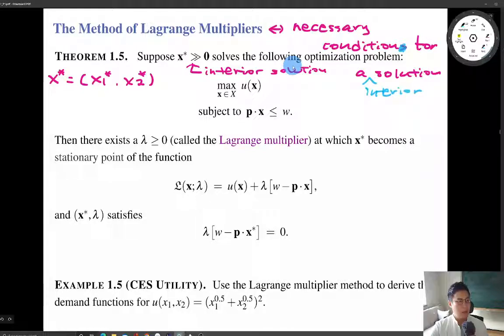Then the following must be satisfied: there exists a lambda, non-negative, usually named the Lagrange multiplier associated with this budget constraint, at which the interior solution, the candidate, becomes a stationary point of the function L, that is u of x plus this expression. It is called a Lagrangian.